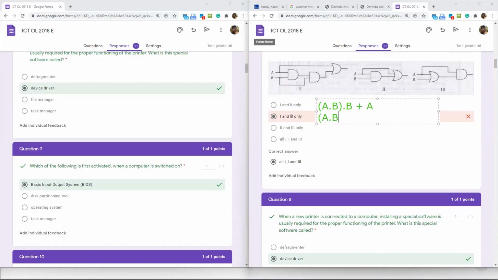Then A dot B is coming from one side plus A. The last one, we have A plus B.